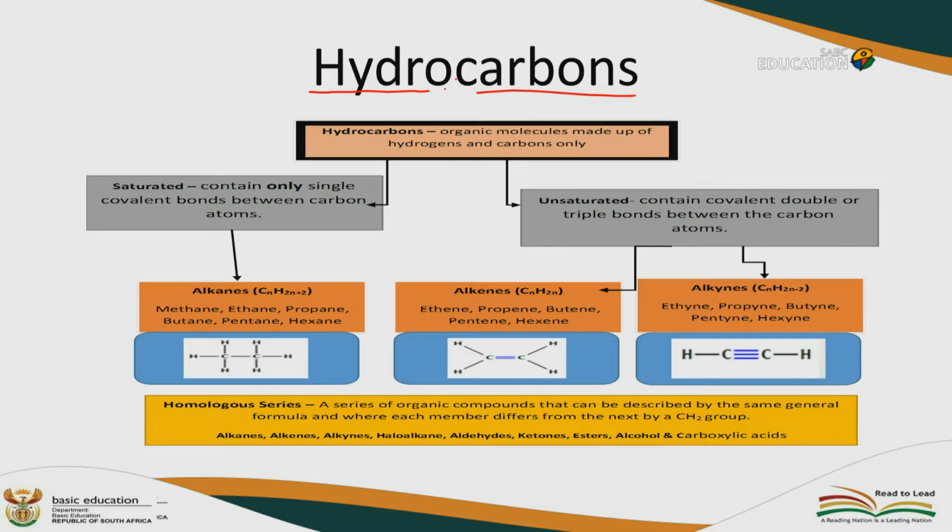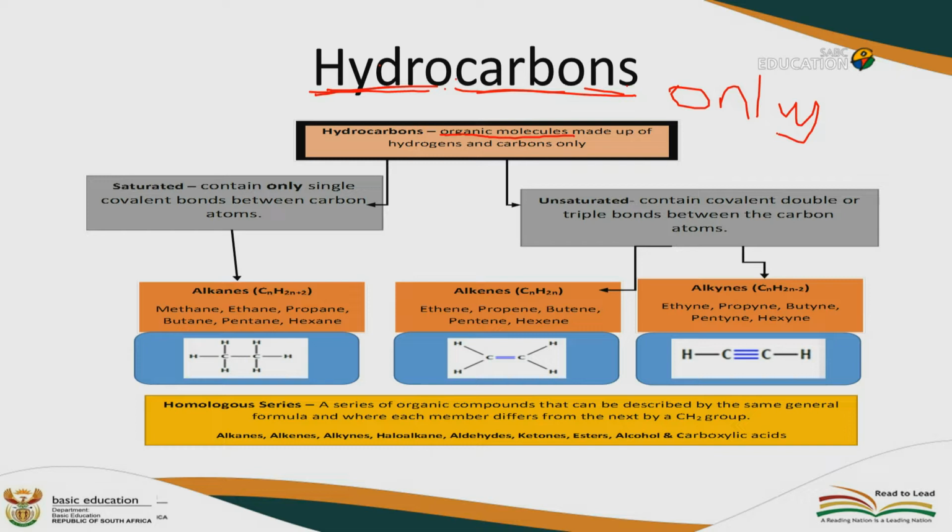It's very important, as you are giving the definitions, to start by stating that these are organic molecules made up of hydrogens and carbons only, with the keywords there being hydrogen, carbon, and only.